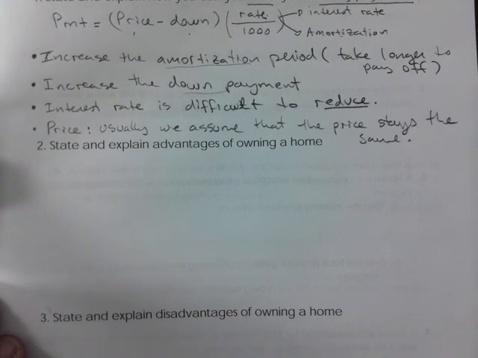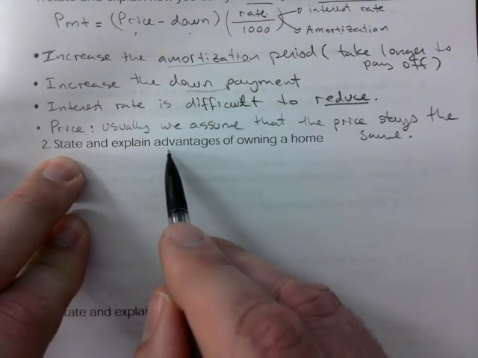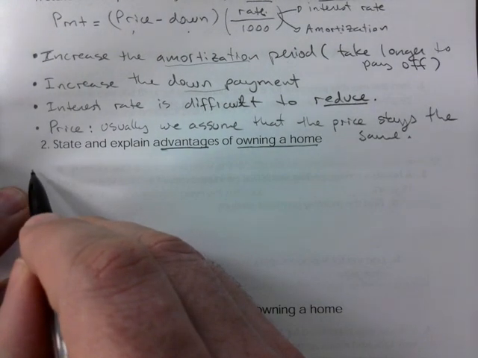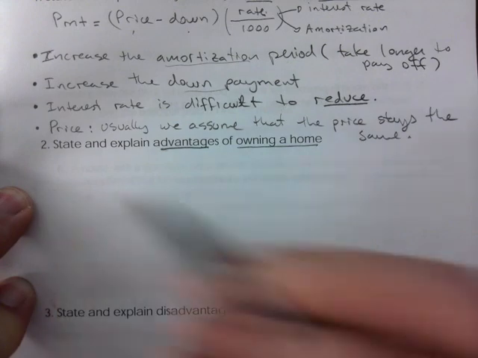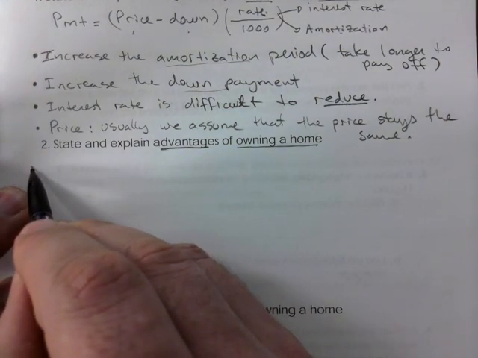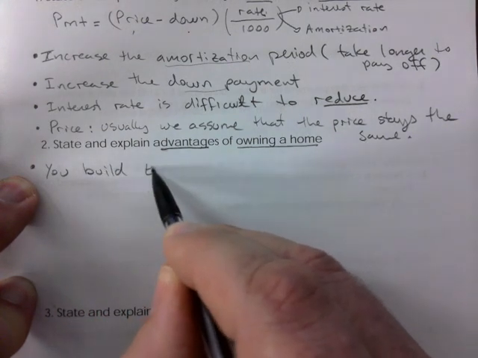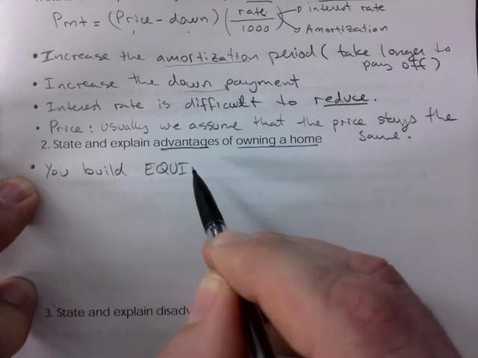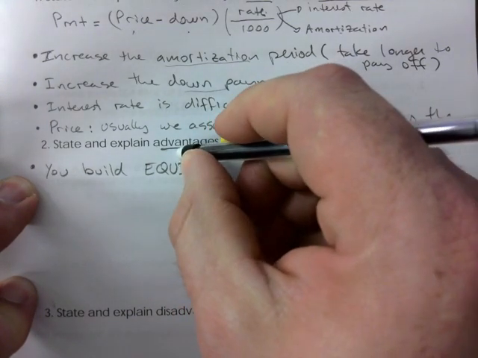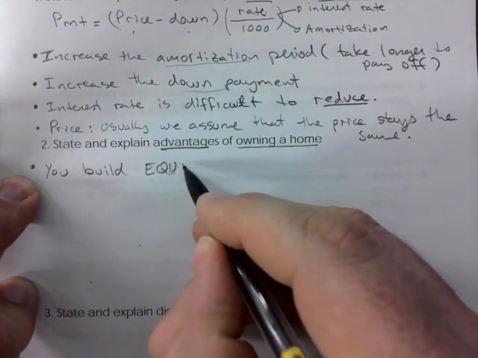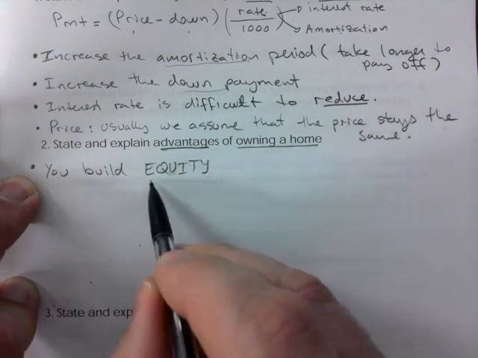Next. So this is study sheet material. I would just have small little bullets in there to help me. State and explain the advantages of owning a home. What are some advantages? This is going to come up again and again, okay? We're going to talk about disadvantages as well. But the big advantage is you build equity.